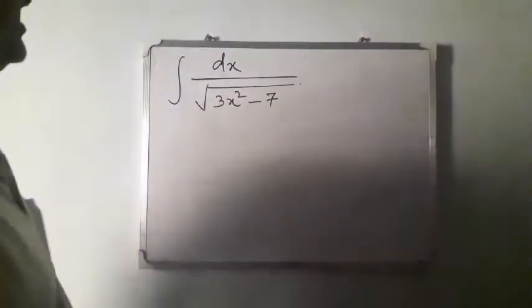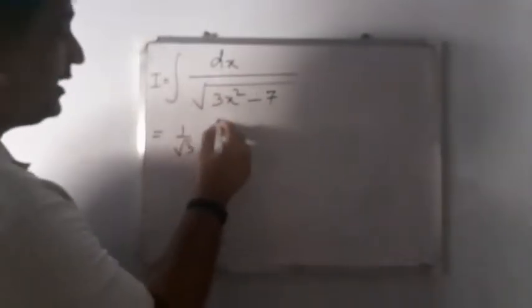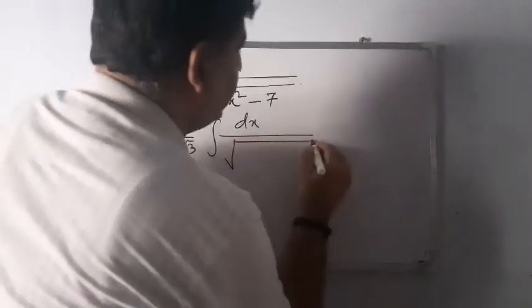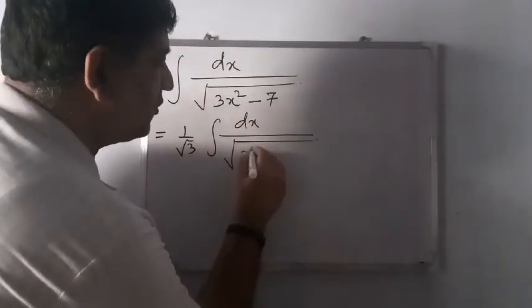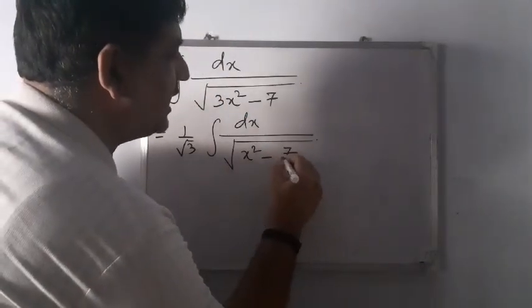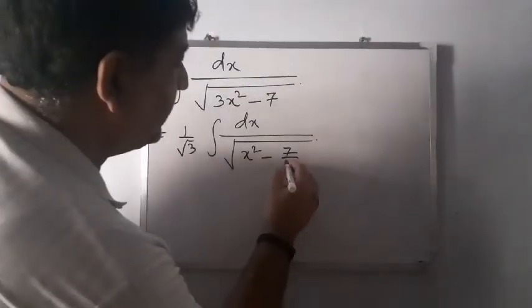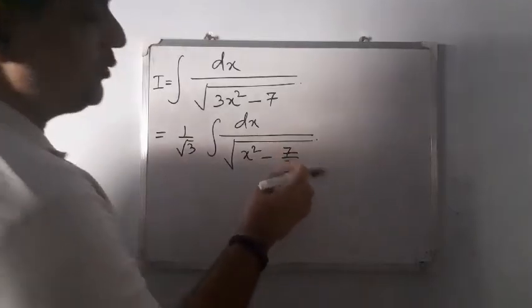For that, we have to take this 3 common. So I is equal to 1 by root 3, because you can take 3 common and this 3 appears with the root. Integral dx by root over, and in this radical sign you will have x square minus 7 by 3. Now this 7 by 3, you can write as root 7 by root 3 whole square.